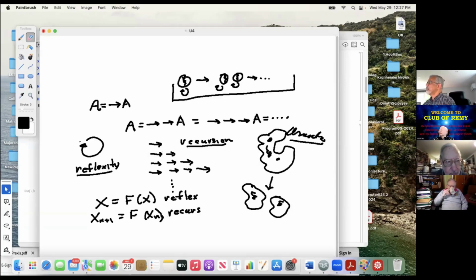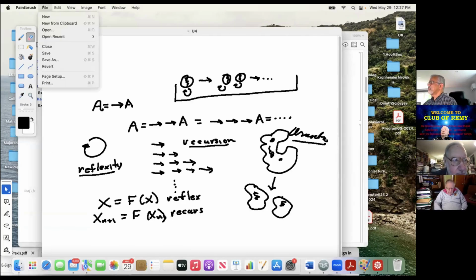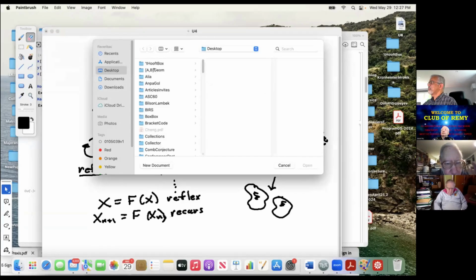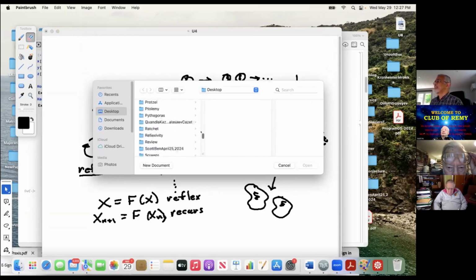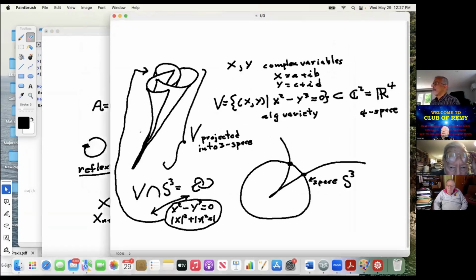Now, can you bring back your U4 slide, the previous slide, please? What you had in that slide was like a stem coming up and a floral pattern that you were showing.